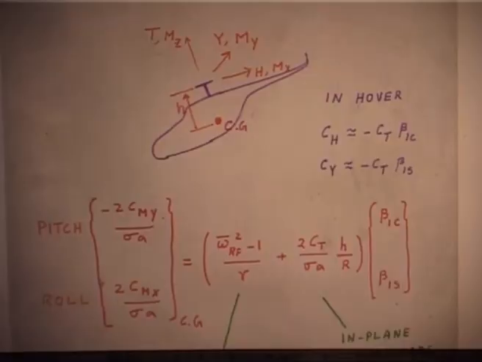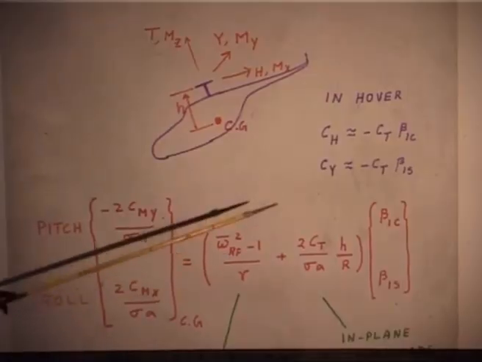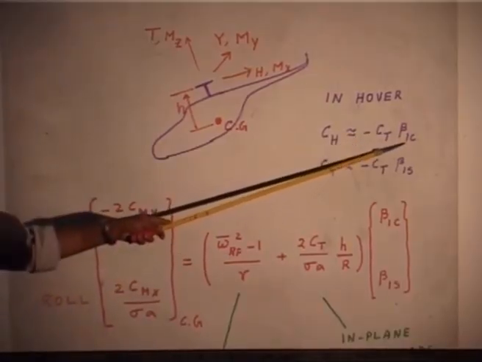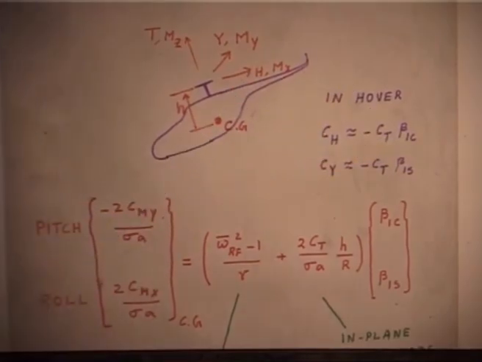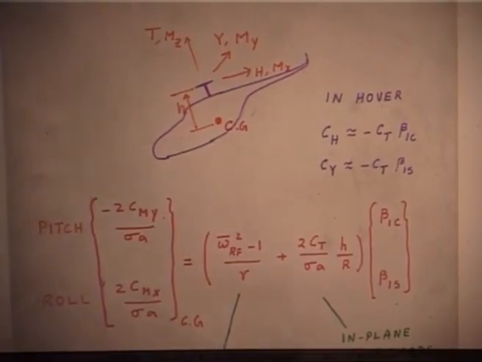You can say approximately that is thrust into beta 1c, approximate, because you have to replace theta 1c with beta 1s, that kind of a relation you have to use to get that approximation. Again, this is obtained from that page which I gave you, that printout.